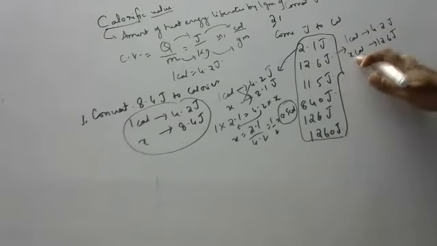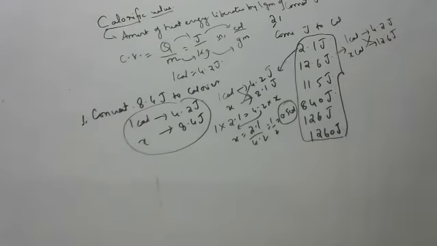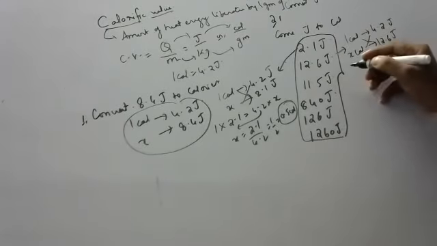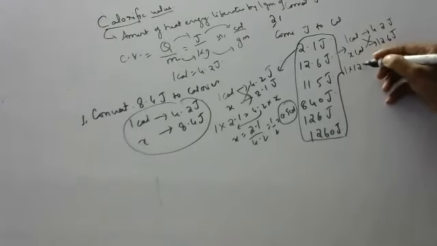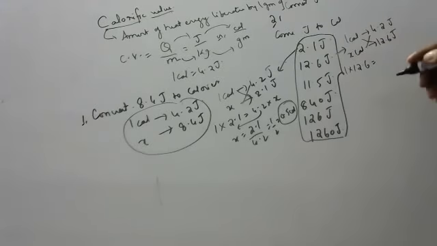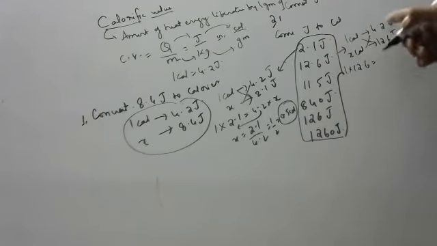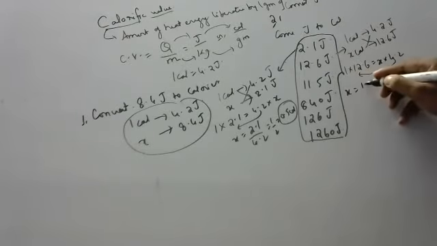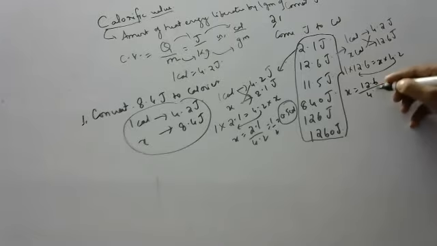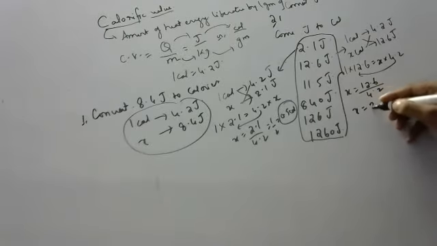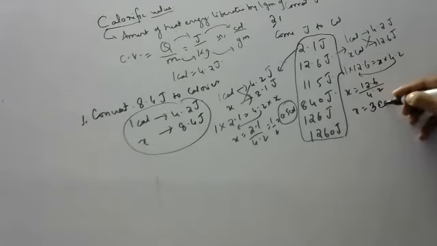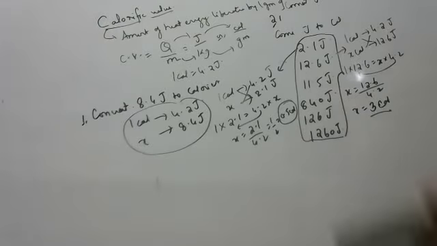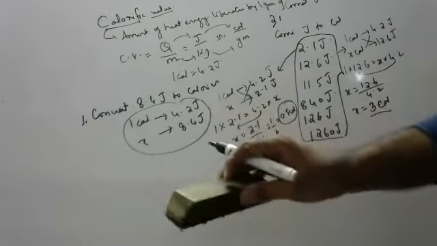Now tell me cross multiplication. 1 into 12.6 is equal to x into 4.2. x is equal to 12.6 by 4.2. So 3 calories. Answer is 3 calories.